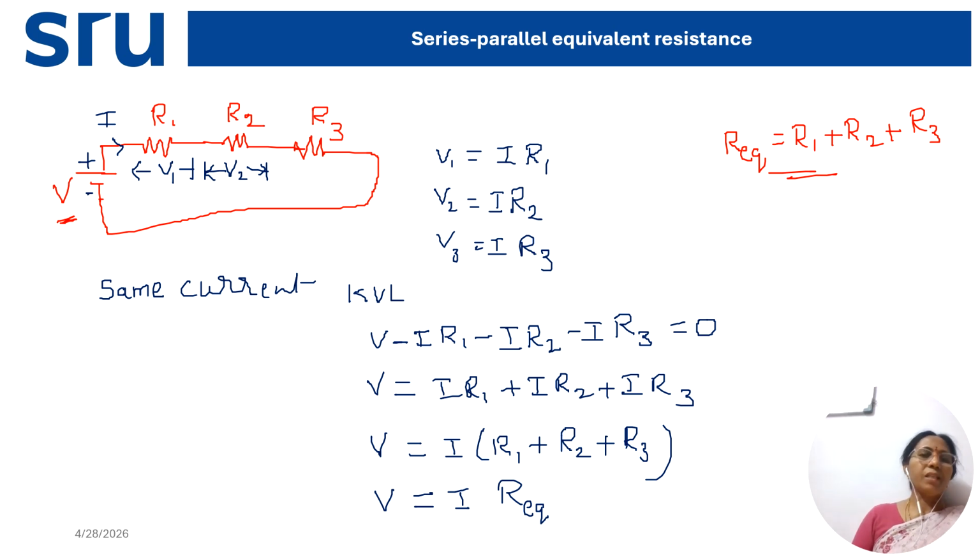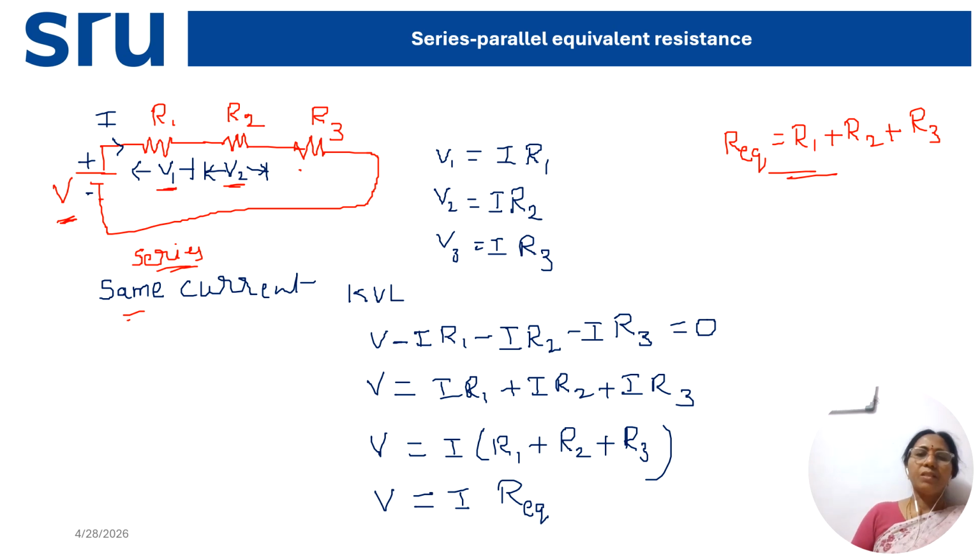Finally, if we talk about the series network, these are connected in series. What is the property? Same current. When all the elements are connected in series, the property is same current but voltage division takes place. Is it right?